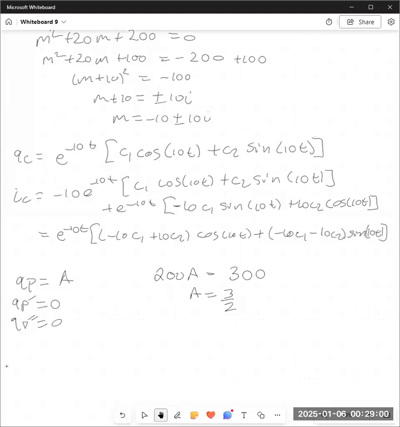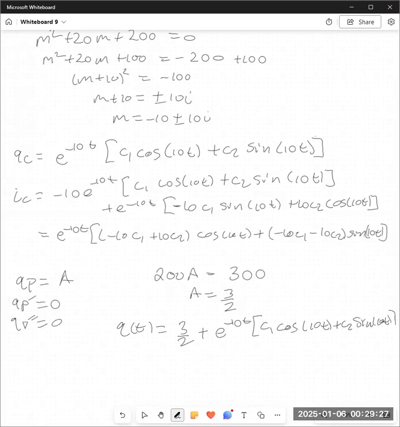So that means that Q of t is equal to 3/2 plus e to the negative 10t (C1 cosine of 10t plus C2 sine of 10t).